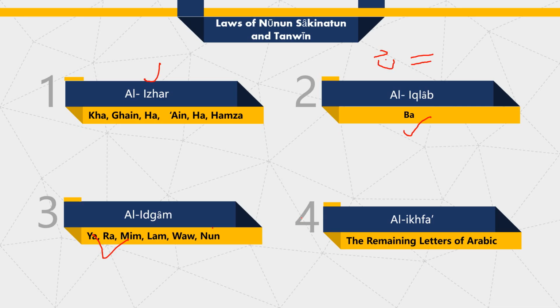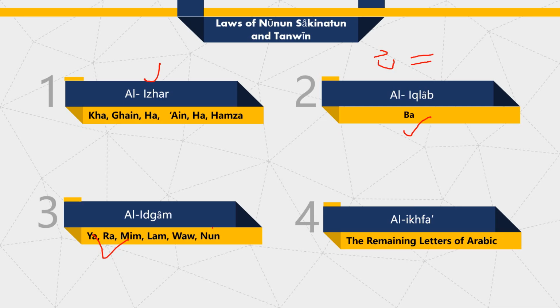But if you have shedda on any of these letters, anytime you have shedda and it succeeds nun sakin or tanwin, you should know that you are doing idgham kamil. Most of those idgham have been taken care of in Yasarnal Quran.